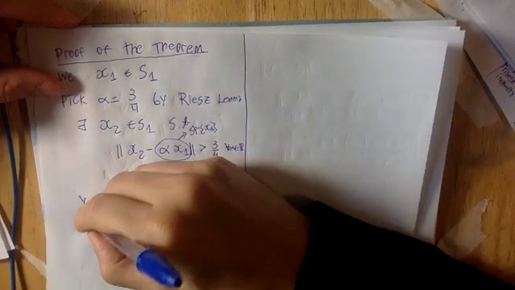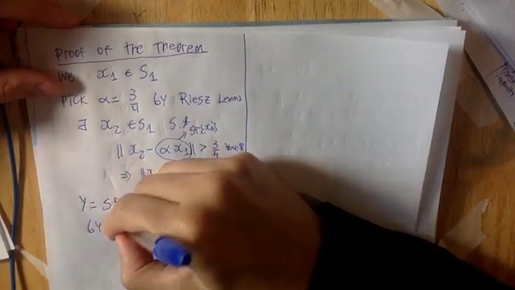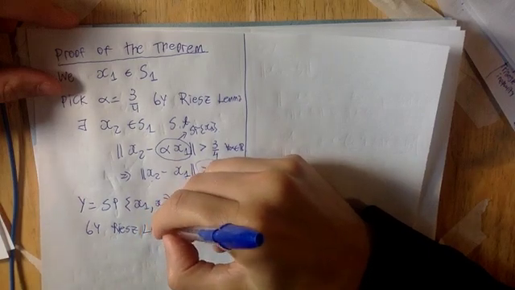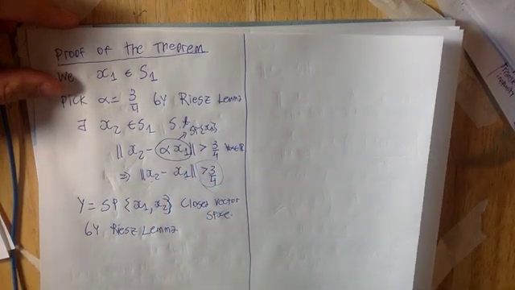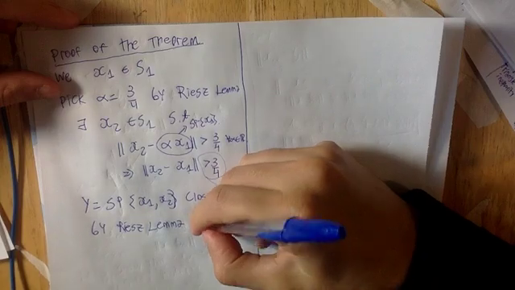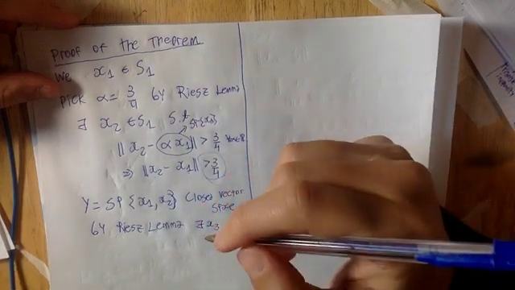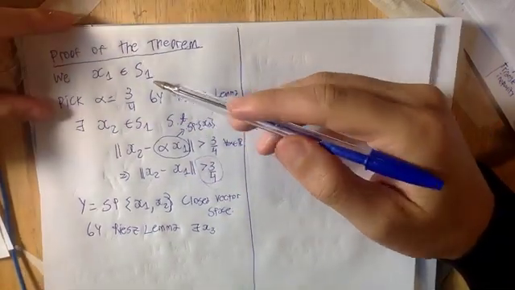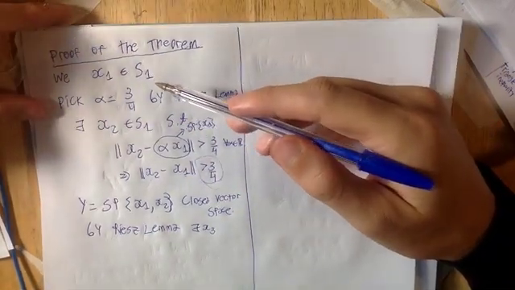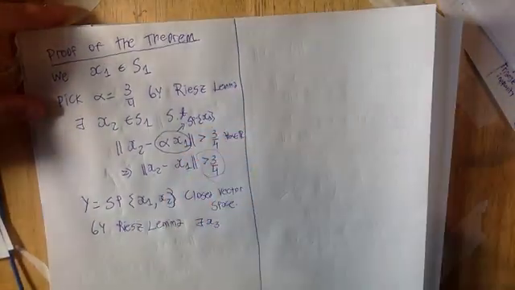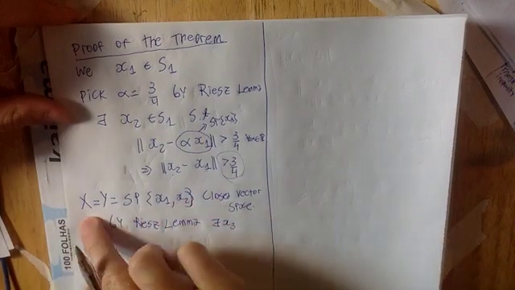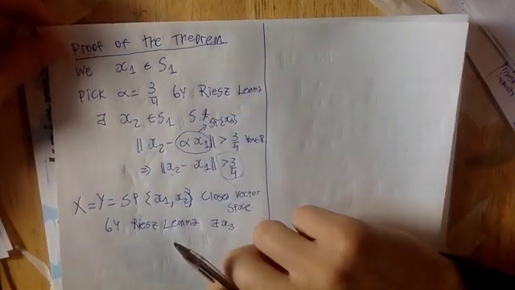So then again, by Riesz lemma, there exists x3. Okay, so one of the things that we are using implicitly is that we know that X is an infinite dimensional space. So if X is an infinite dimensional space, we know that this is different from X. Okay, so the span of two vectors cannot be X, if not it would be finite dimensional.